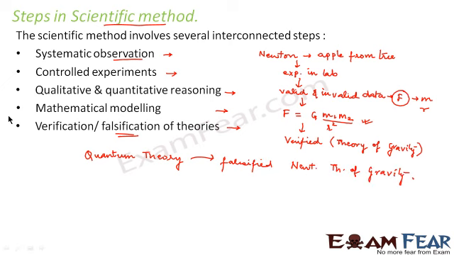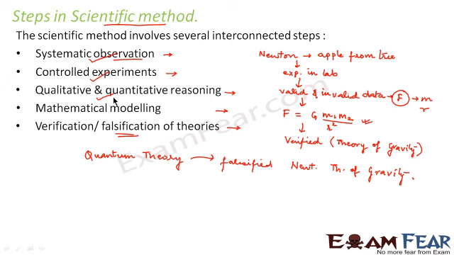So now let's quickly discuss the steps again. In a scientific method, the first step is systematic observation. That is, you have to observe something very keenly and very deeply. Second is controlled experiments. You have to perform a series of experiments on that. Third, qualitative and quantitative reasoning.